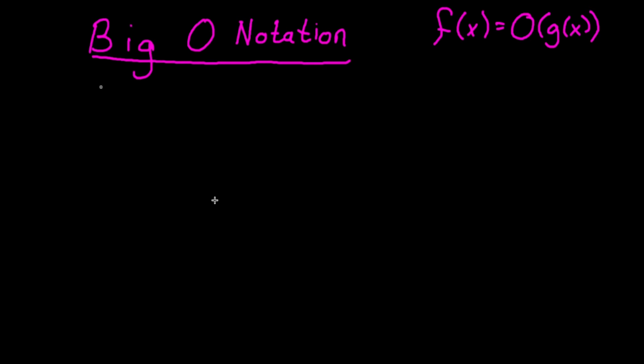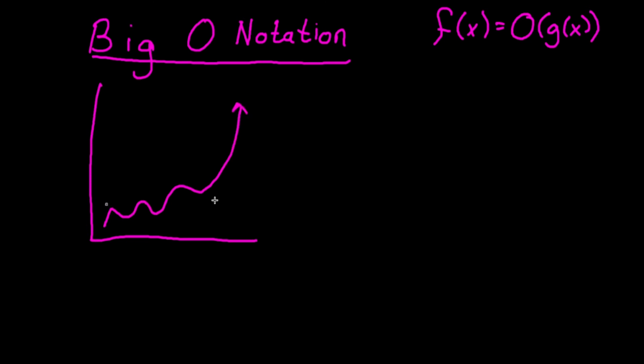So if I was to look at a plot, again, forgive my drawing, but if I was to draw out some sort of function that looked like this and it trended off that direction towards infinity, and then you were to say, oh, well, how big is this function, or how does it grow over time?